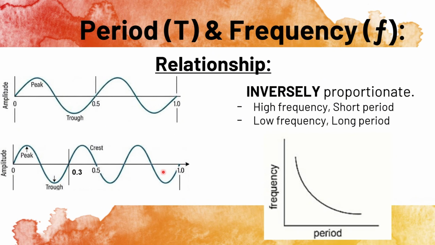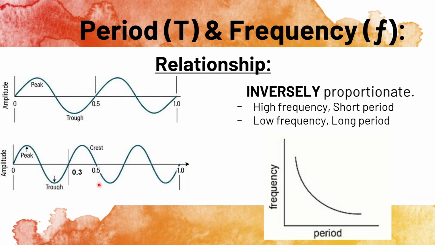So what do we know? If the frequency is going to increase, what will happen to the period? We know they have an inversely proportionate relationship, so therefore the period is going to become shorter. Shorter means the time taken to complete one wave pulse is going to be less. So in the first illustration we can see the period was 0,5 seconds.